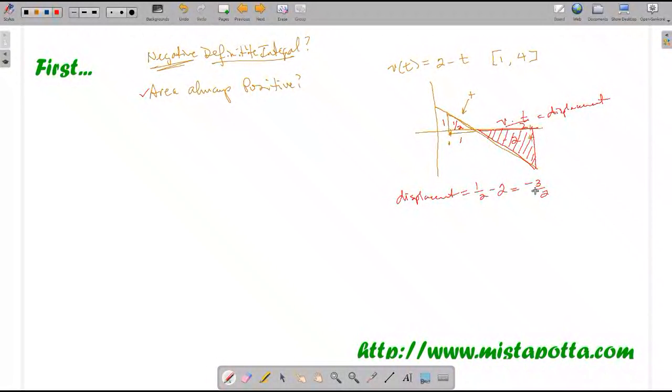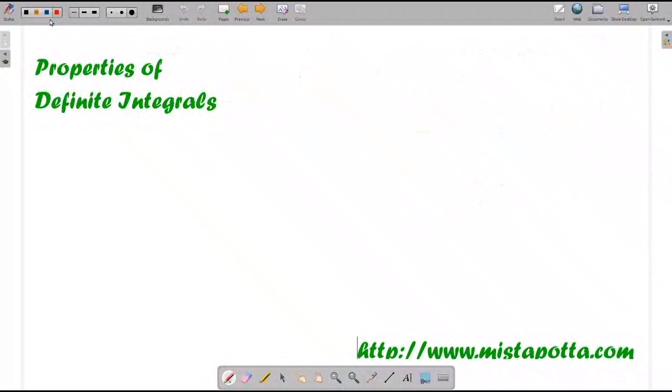So I wanted to touch on that because we are going to be talking about properties of definite integrals. And there's some very basic properties that we have.